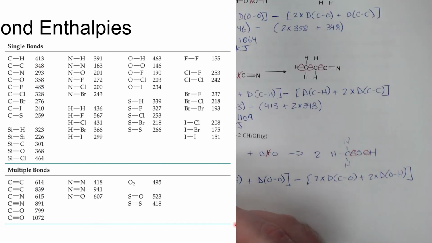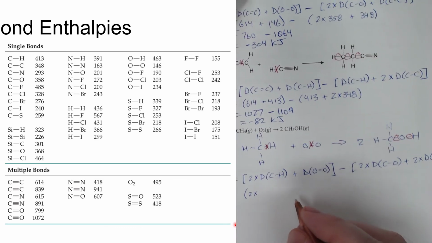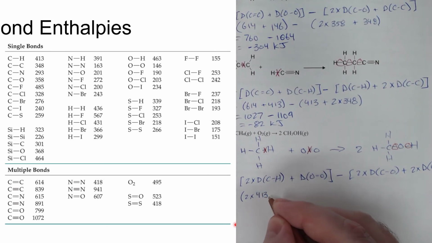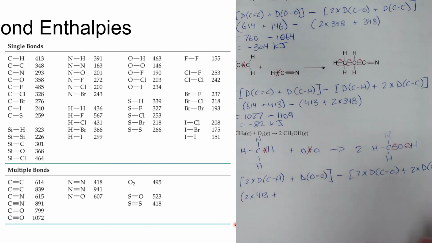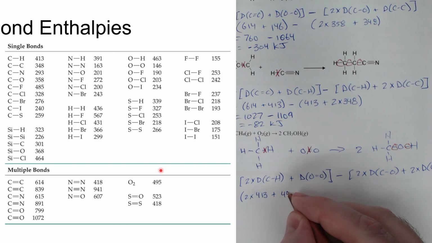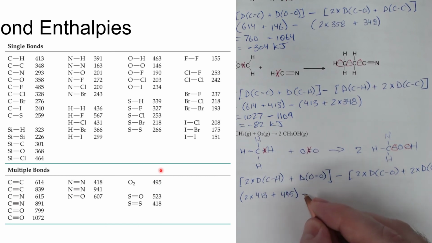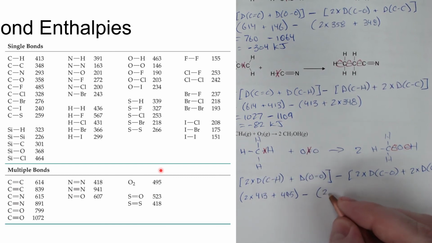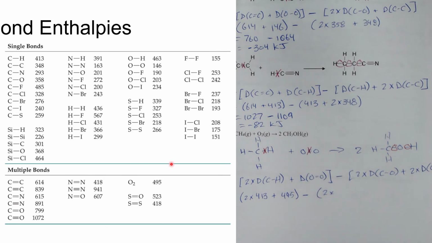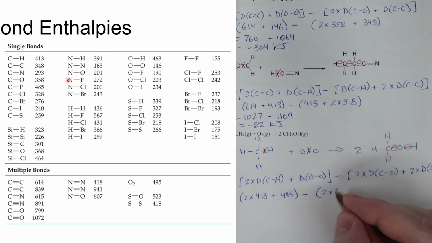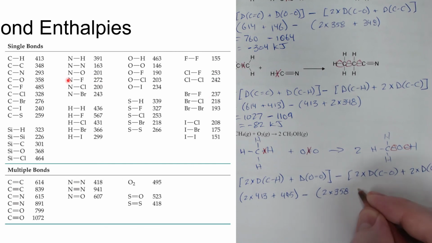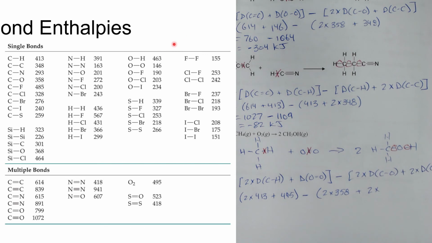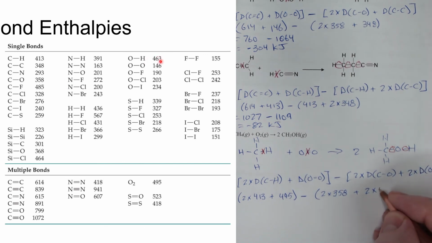All right. So 2 times, that one is 413. And then the oxygen, it is right here. It's that 495. And then 2 times, the carbon-oxygen is 358. Plus 2 times, and the OH is worth 463. That one's pretty strong.